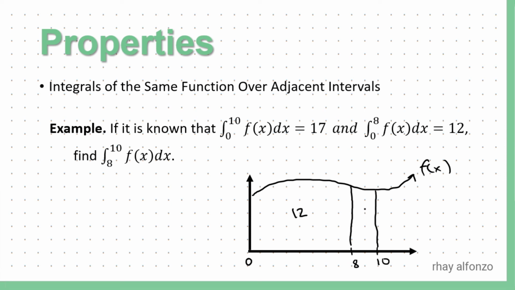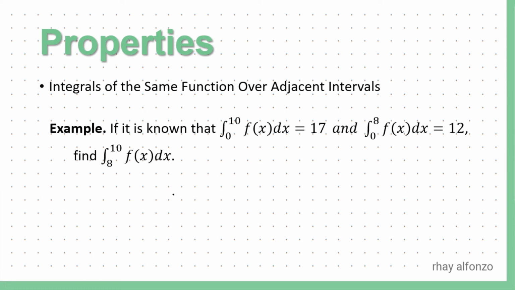Basically, this area would be 5, since 5 plus 12 is equal to 17. Therefore, the integral of f of x dx from 8 to 10 is just equal to 5.